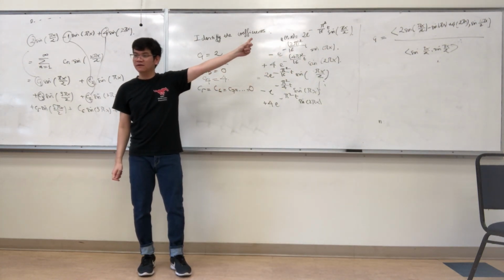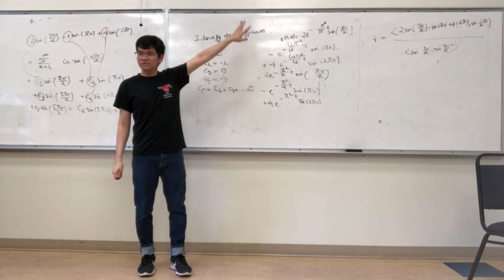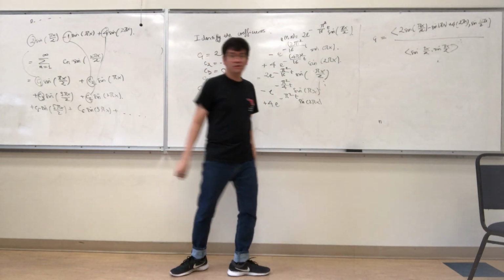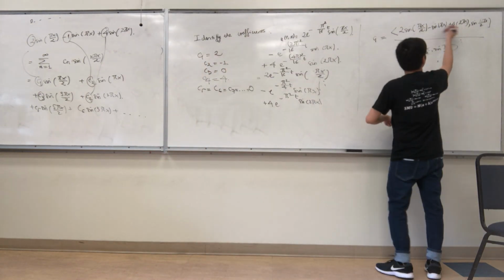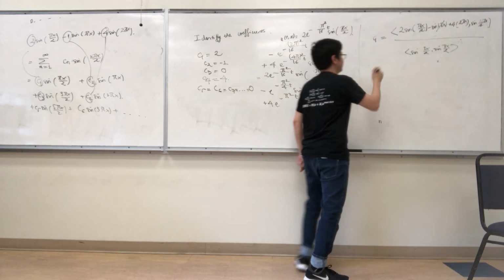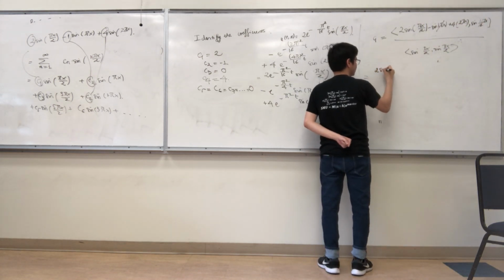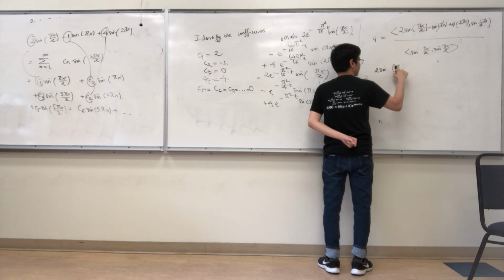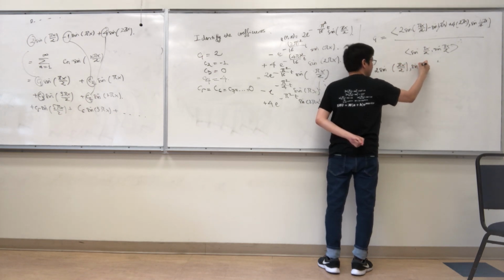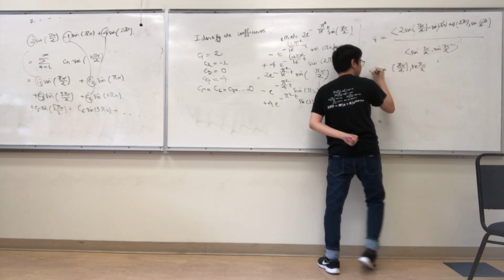Even Cn, so let me do it for C1, and then you see that this is exactly as before, right? So why is it? Because when you do this inner product, this guy and this guy are orthogonal, right? So how do you do it? You have 2 sine of pi x over 2 with sine of pi x over 2, right?